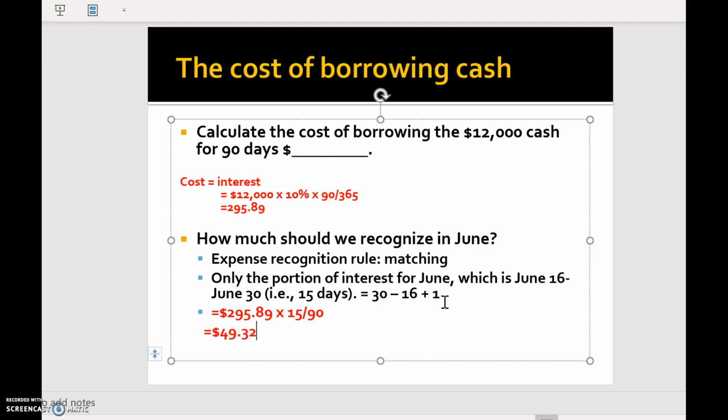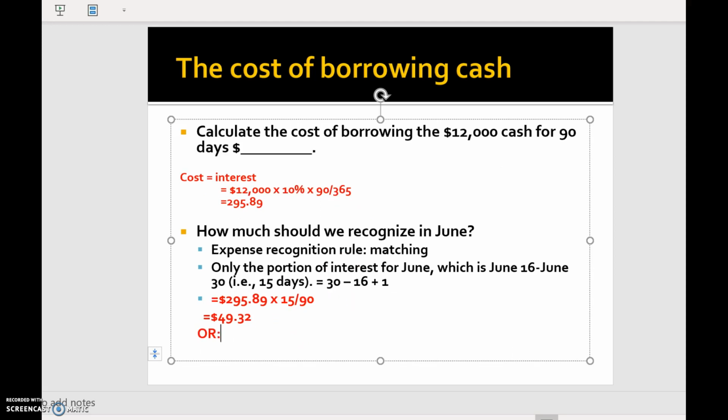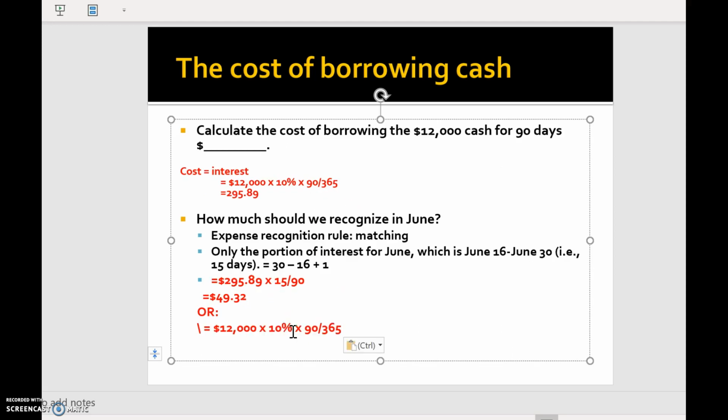You can also count on your fingers. You will get the same number, which is the 15 days. Because the total cost of borrowing for 90 days is $295.89, the cost for 15 days is 15 out of 90 multiplied by the total. You could also use the original formula, but change the days to 15, okay?